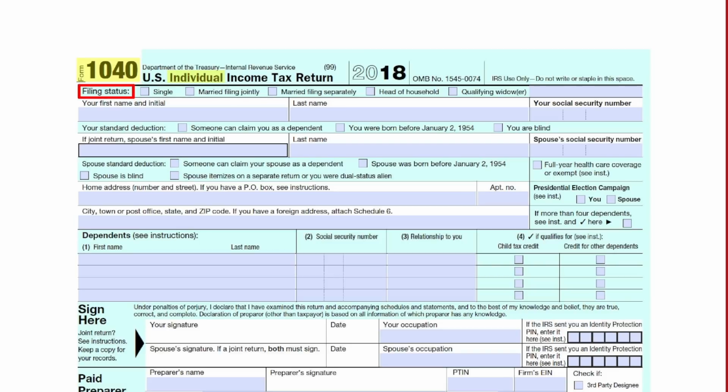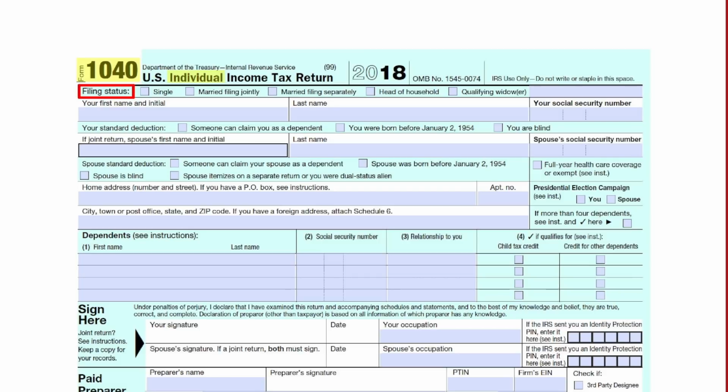Now, if you're not single but married, you could be a married filing joint, where it's one tax return for the husband and the wife. Or if the husband and the wife don't want to come together for tax purposes, they do a married filing separate. So once again, if you're married, you've got two options.